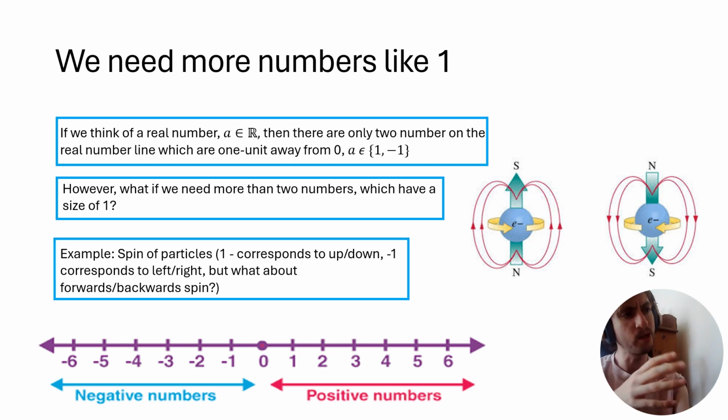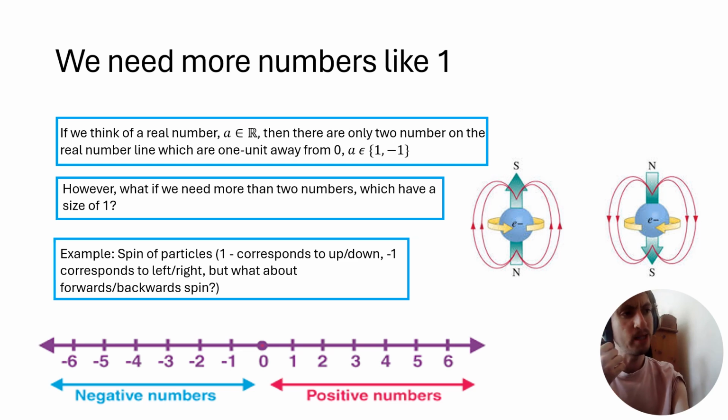We can associate each spin direction along a given axis with a number which is 1 unit away from the number 0. The reason we insist it's 1 unit away is due to essentially rules in quantum mechanics.